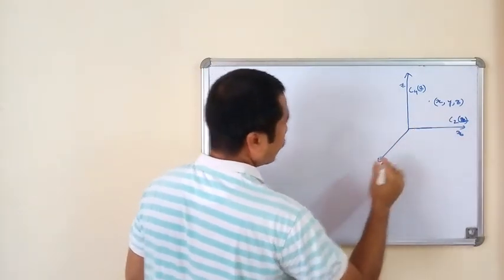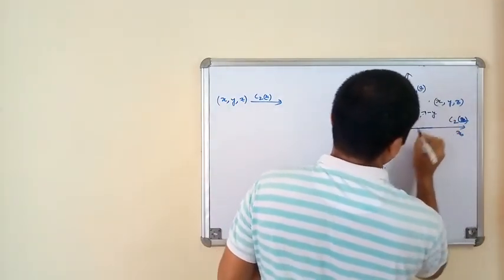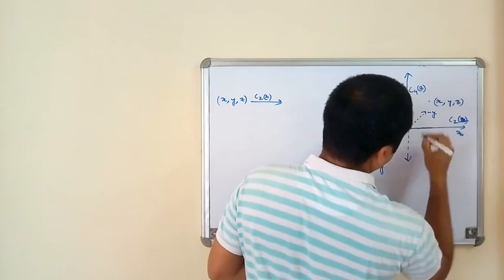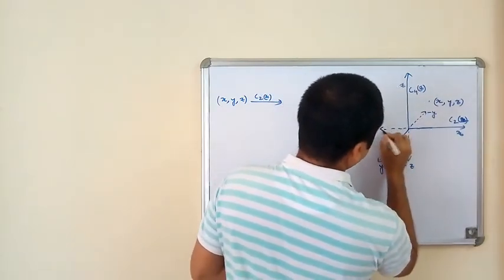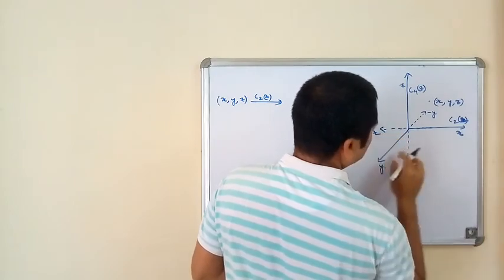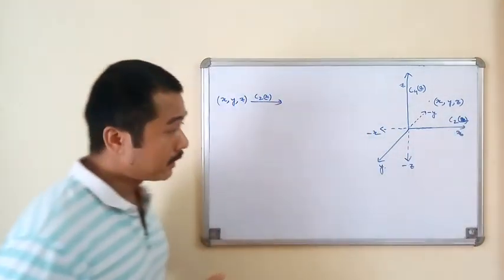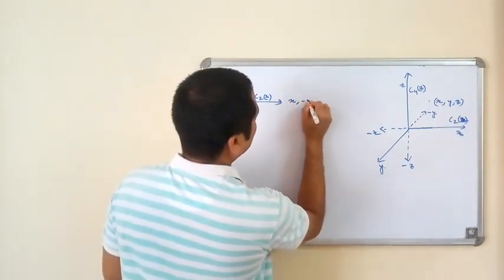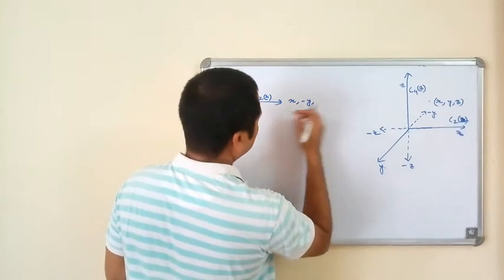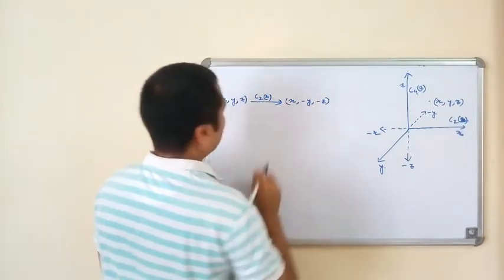If you do so, y will go to minus y, and z will go to minus z, but x will not change. The x coordinate is not going to change if you rotate along the x-axis, so x remains x, y goes to minus y upon rotation of 180 degrees, and z goes to minus z.